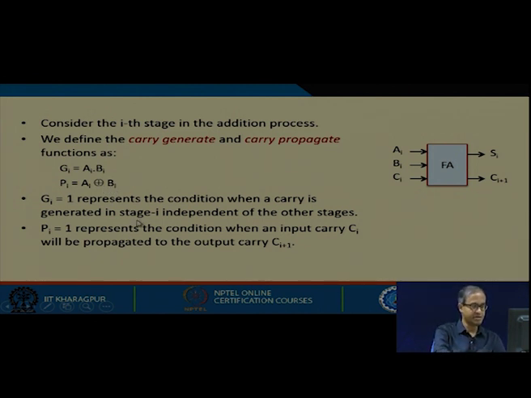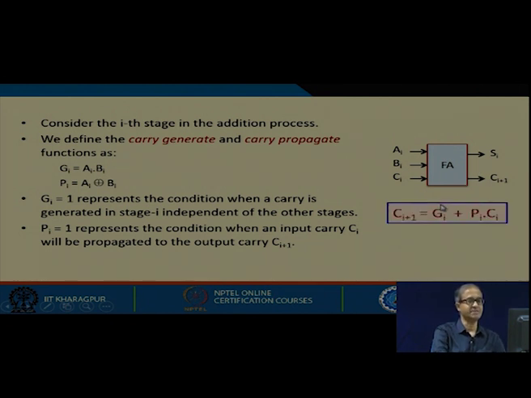So, this is what I have explained so far. gi equal to 1 represents the condition when a carry is generated in this stage itself, independent of the previous stages, and the propagate function will be 1 when an input carry Ci will be propagated to the output carry Ci plus 1. Now, with respect to these gi and pi subfunctions, we can write down an expression for Ci plus 1.